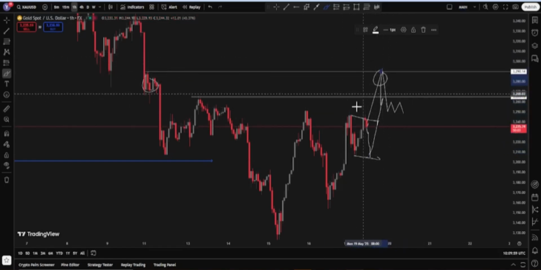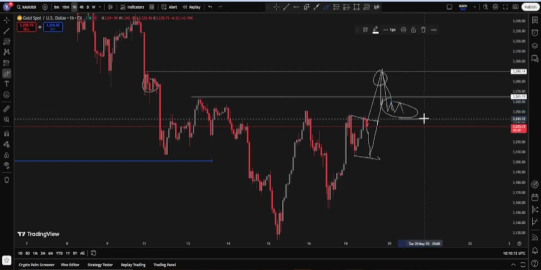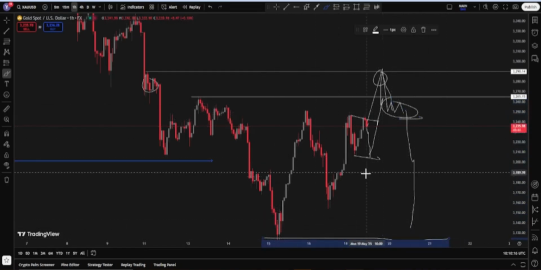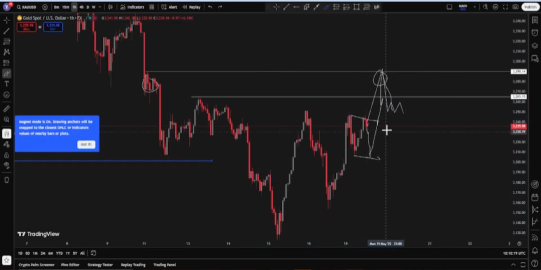And when we get to here or this level, price will potentially respect this value area. They have price push back in, give us a 2-touch continuation flag, either structured or unstructured flag, then we enter into a sell, then we ride it to this level. So this is what I'm typically looking for on gold.